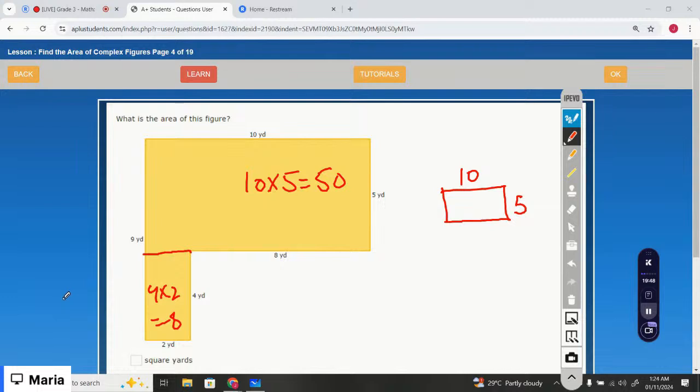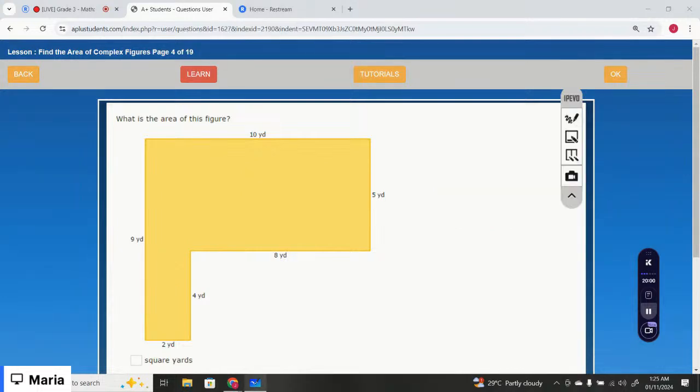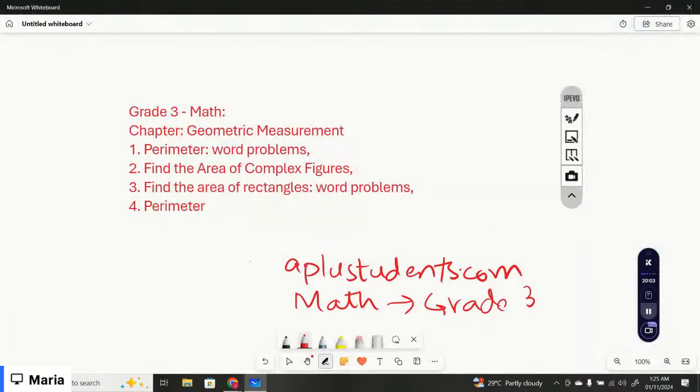There was a technical issue when I was starting the lesson. That's why I haven't mentioned the lesson name. The chapter we are on here, you can see. Here is the chapter name. The chapter name is Geometric Measurement, and the lesson we are on right now is Find the Area of Complex Figures.